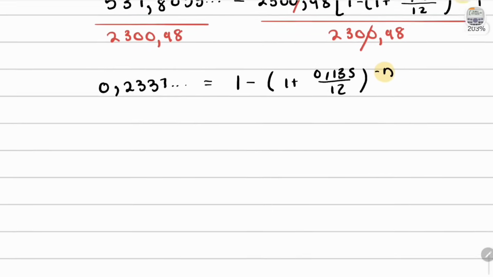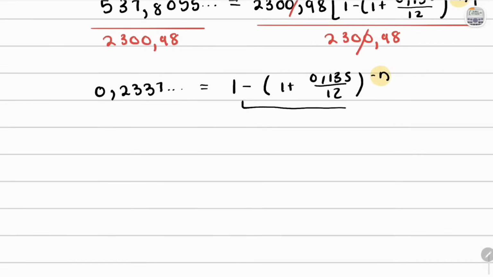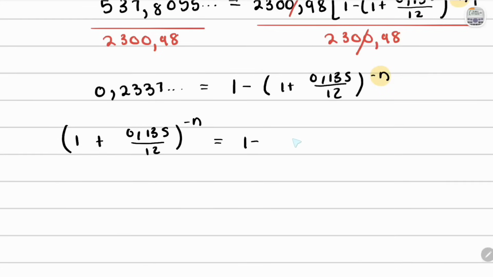Okay, so now we are almost there. Do you see that this is negative? So we might as well take it over. When you take it over, it becomes positive. And now you see the negative in front is gone. And you leave it to the power of negative n still. Then this is equal to 1 minus, and we're going to subtract that by 1. Okay, so 2337.